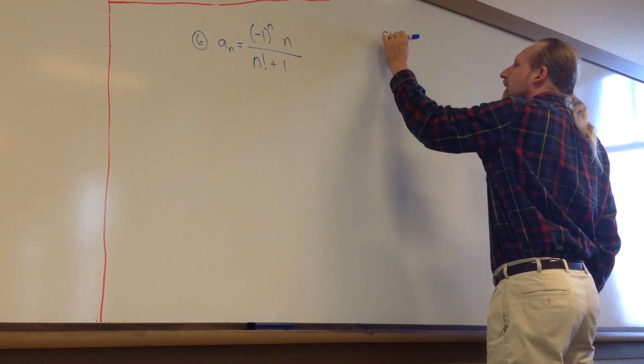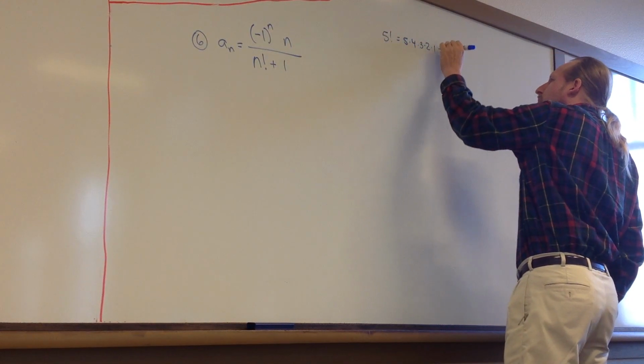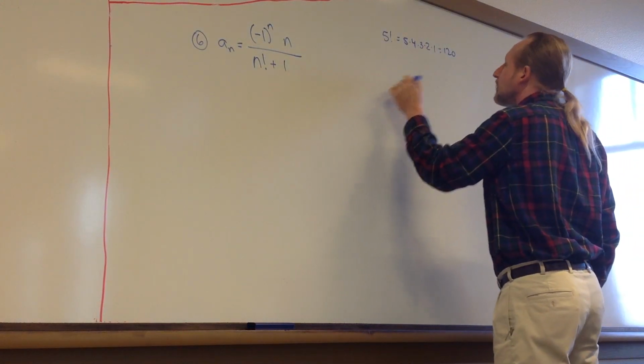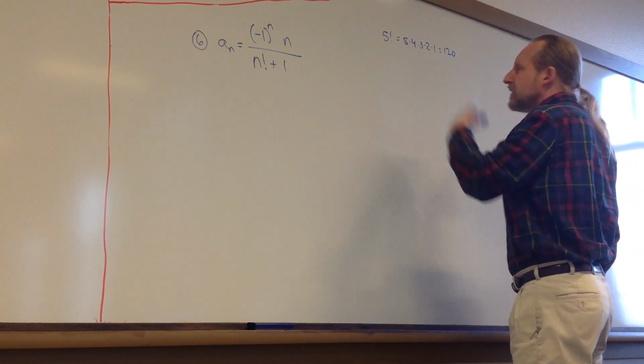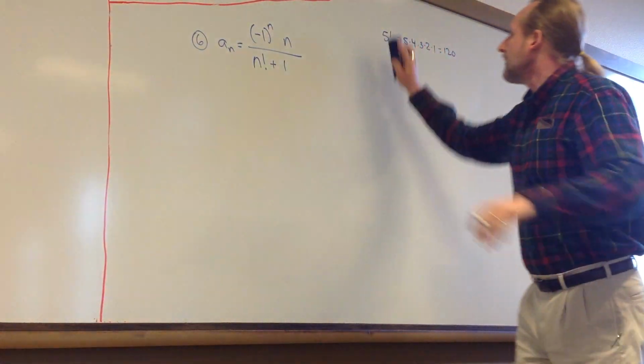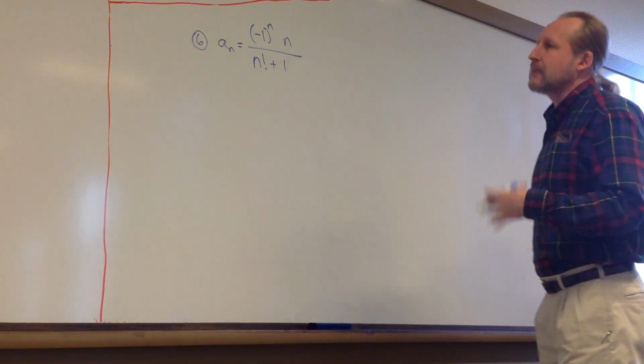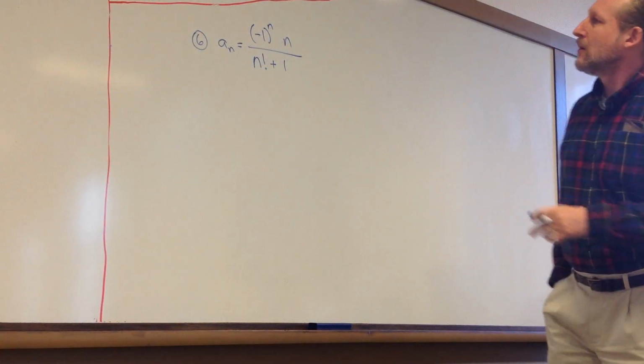So 5 factorial is 5 times 4 times 3 times 2 times 1, which gives you 120. These factorials grow very large very quickly.